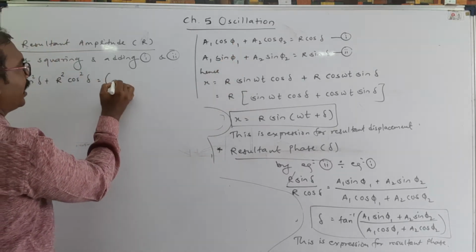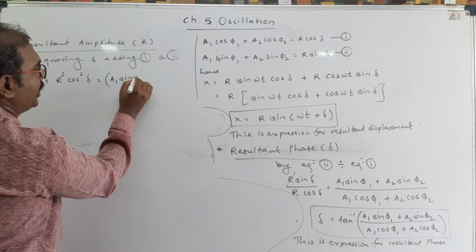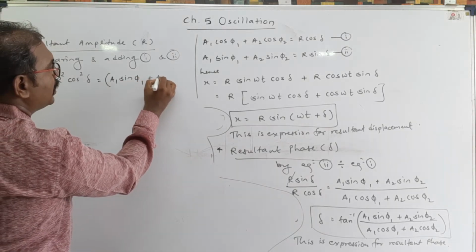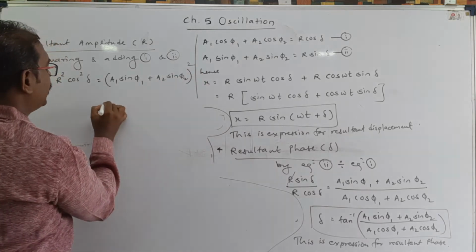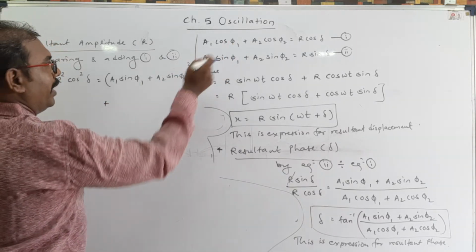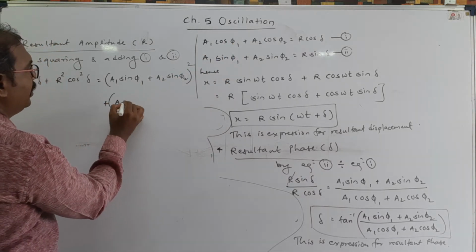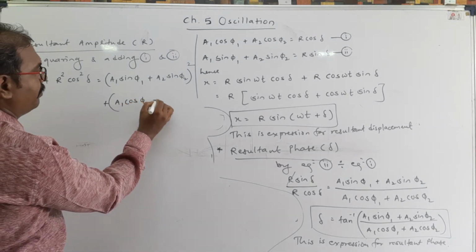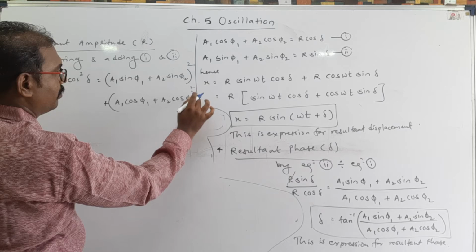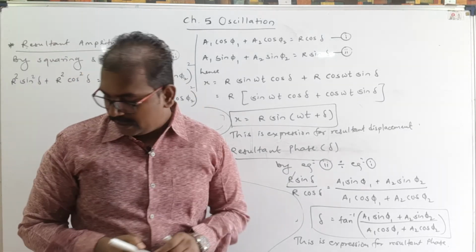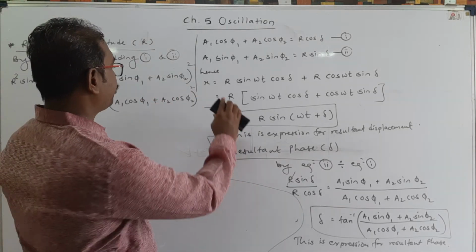I can write in a bracket (A1 sin phi 1 plus A2 sin phi 2) whole square, plus this (A1 cos phi 1 plus A2 cos phi 2) whole square. Now I can erase the other part of the board.